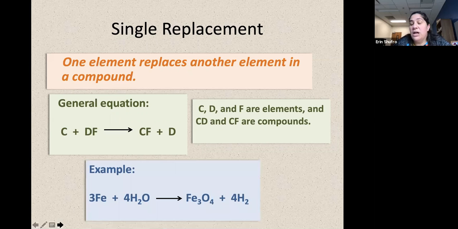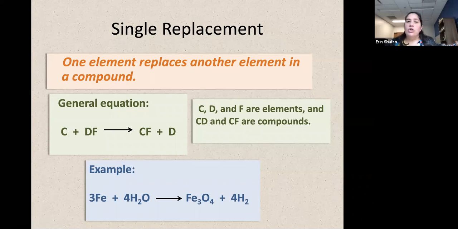Okay, an example of this looks like this, where iron comes along and kicks out the hydrogen and steals the oxygen. So now iron and oxygen are paired together and hydrogen is left by itself. So to identify a single replacement reaction, okay, 2 reactants, 2 products. But on both sides, one of the reactants is not going to be a molecule.